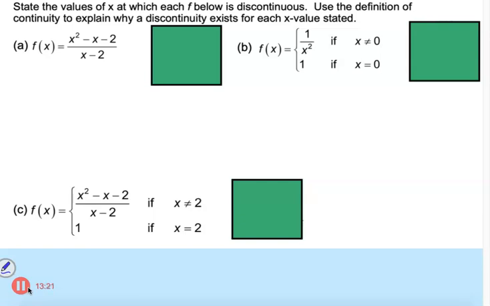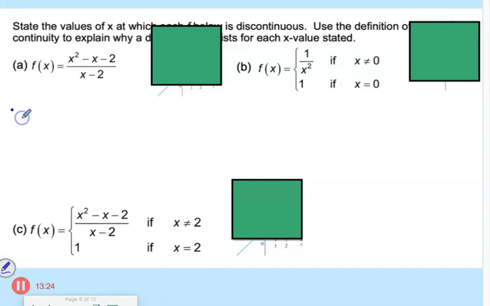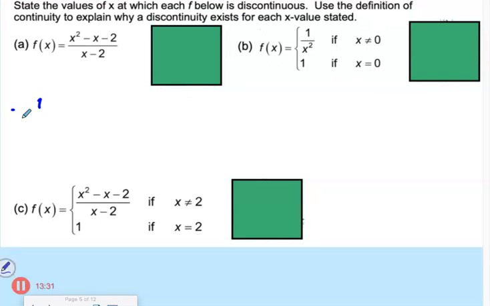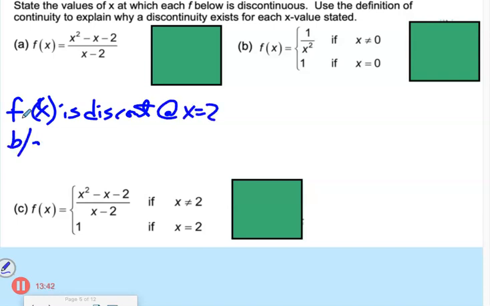We don't care because we know f of x is discontinuous at x equals 2 because f of 2 is undefined. Dividing by 0, you're done. Function's undefined, move on. Is that okay? Yeah. All right, so let's move on to B.